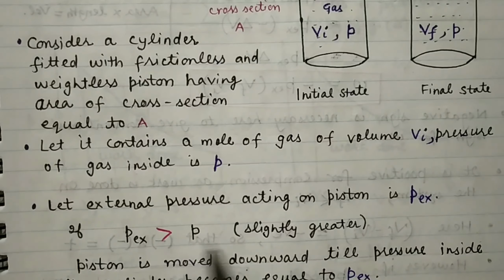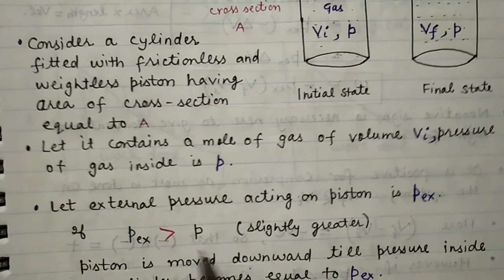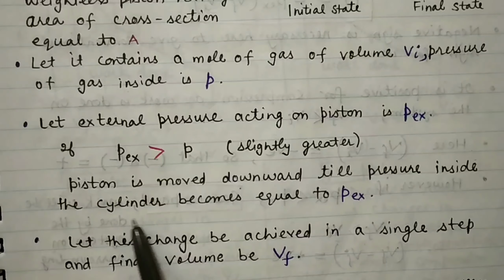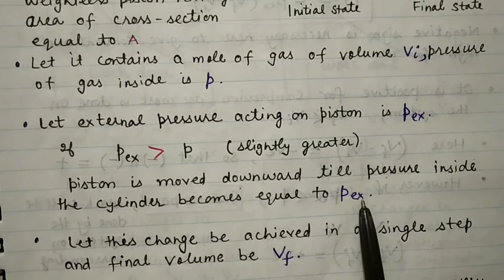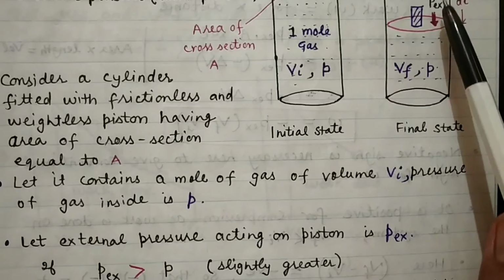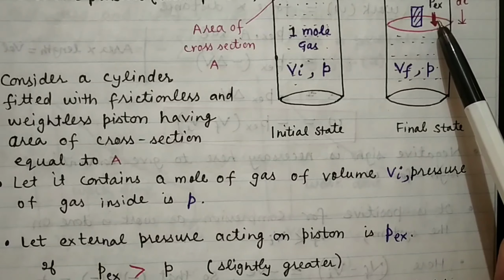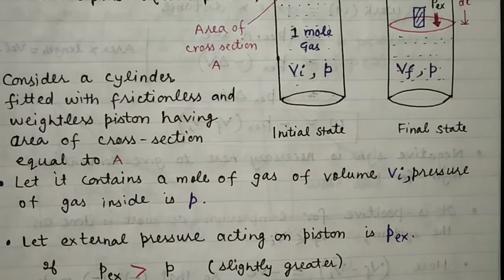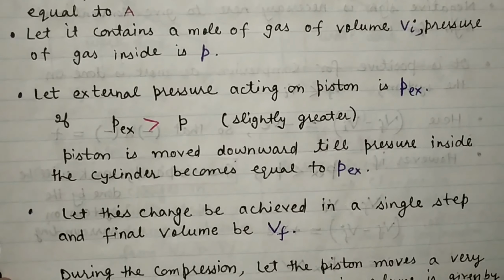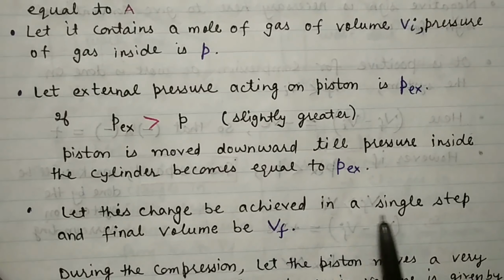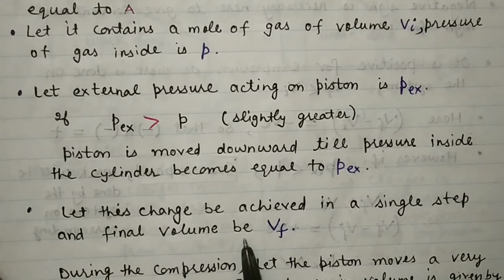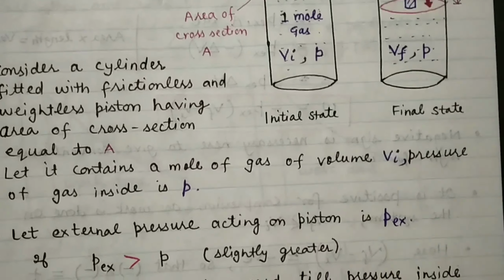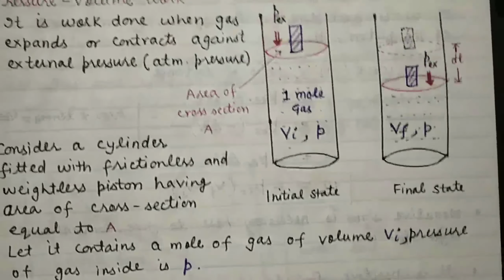If P external is slightly greater than the internal pressure, then the piston moves downward till the pressure inside the cylinder becomes equal to P external. Let this change be achieved in a single step and the final volume will be VF.